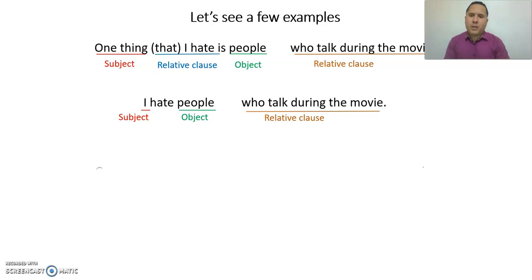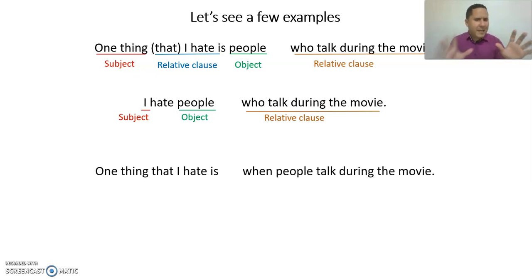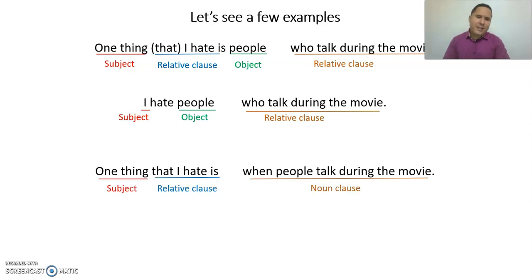The third example is a little different, but it's with the same idea. One thing that I hate is when people talk during the movie. Now, what is different about this sentence? If you think about the relative pronoun when, yes, that's true, but that's not what really makes the difference. As you can see there, we have the subject, one thing, relative clause that I hate is, but then we have a noun clause.